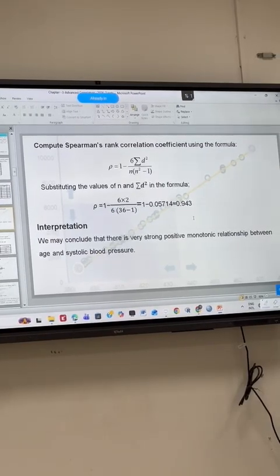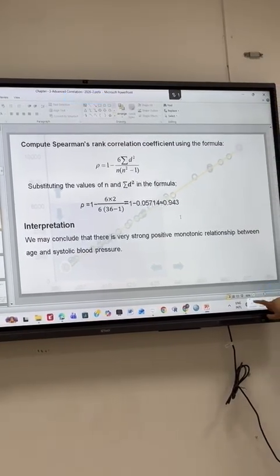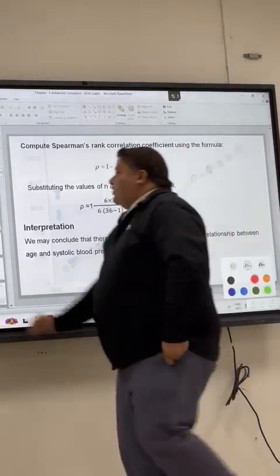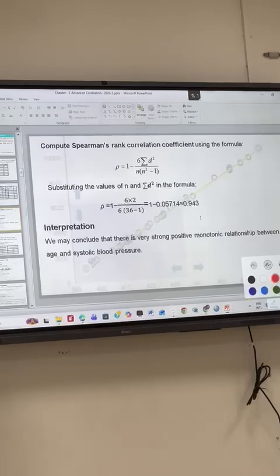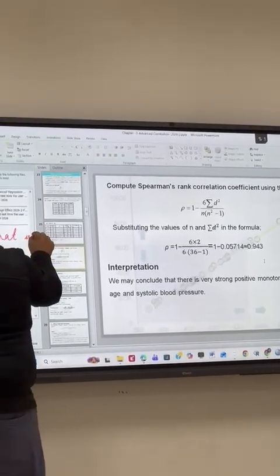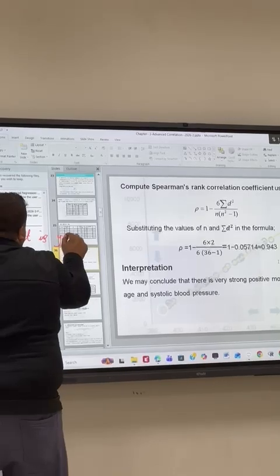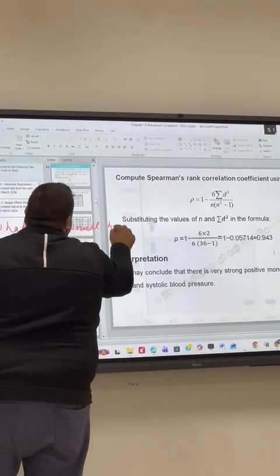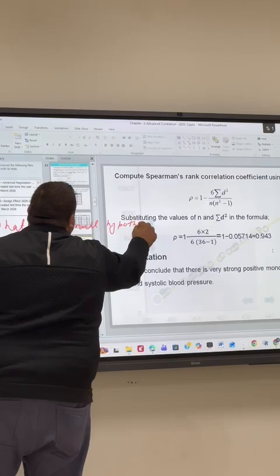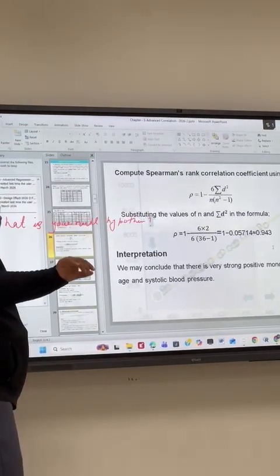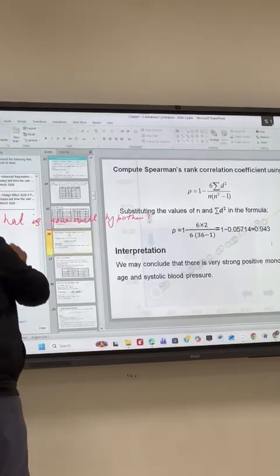I write this whole question for all chapters. My first question is, what is the null hypothesis? Four options are given, you choose the correct one.